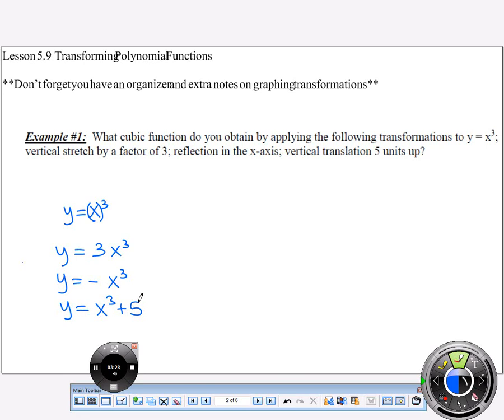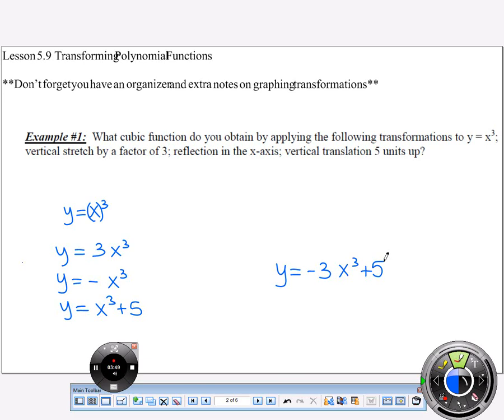So if this equation is supposed to incorporate all these changes, then really it would look like a negative 3 times an x cubed, and then plus 5. Notice that nothing is being cubed except for the x. That means there's no horizontal transformations included in this function.